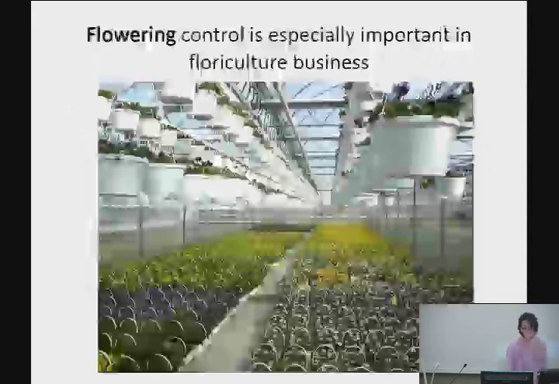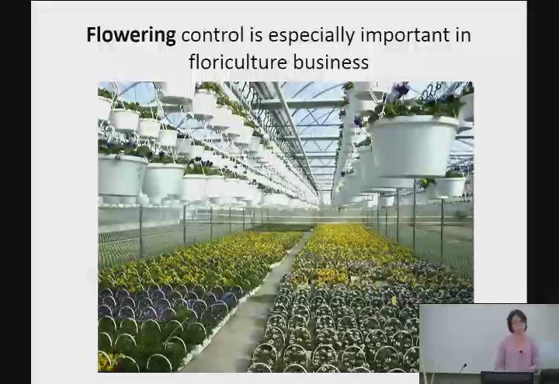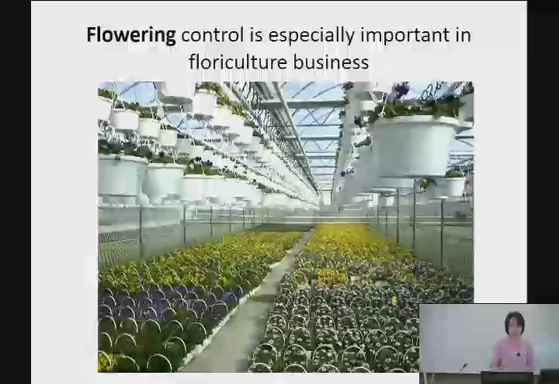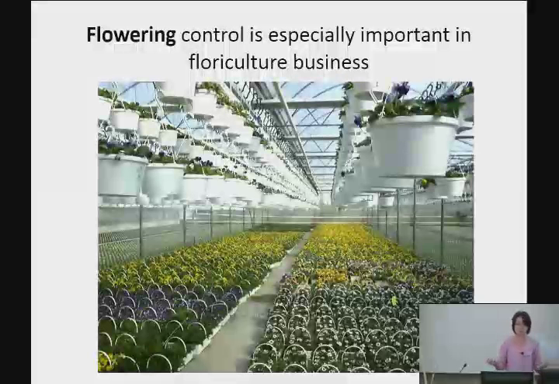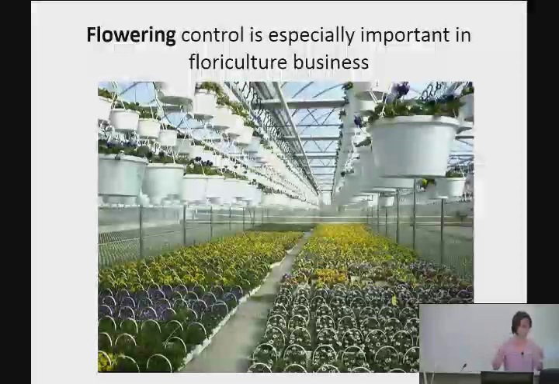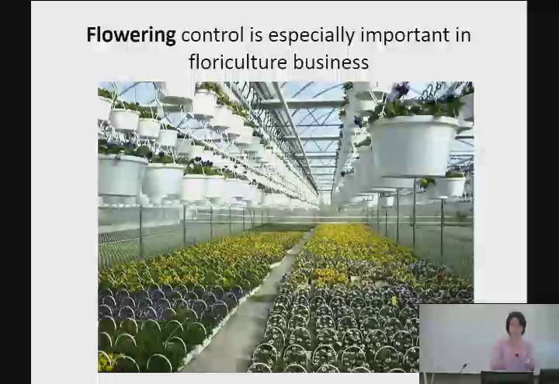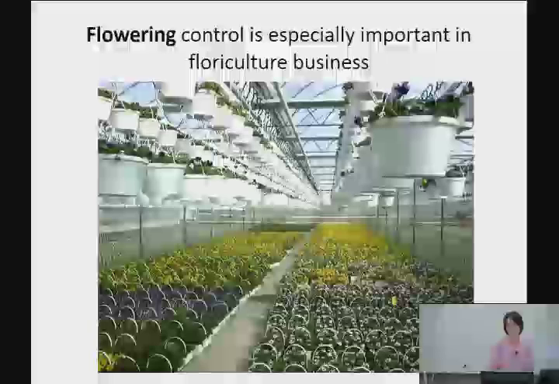All right, so the big driver for understanding photoperiodic response is, of course, floriculture crops, because you've got to induce flowers at a certain timing to get the highest value of the flowering crops. For example, poinsettia needs to have that big yellow leafy structure, which is actually bract, not exactly leaf, developed at a certain timing.